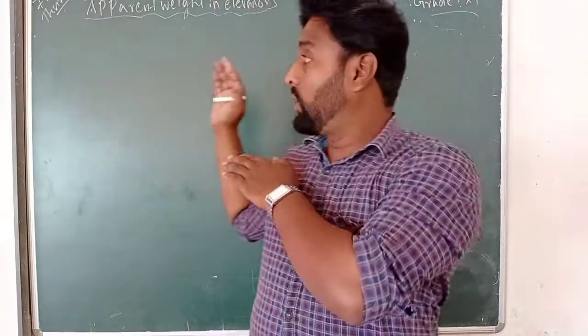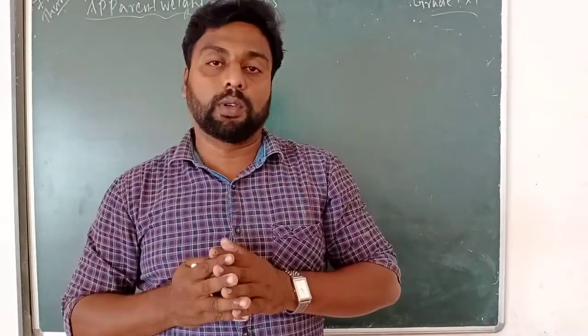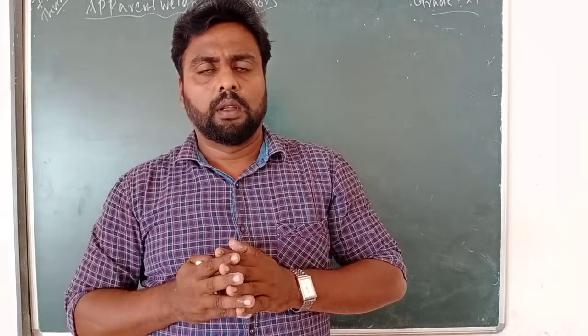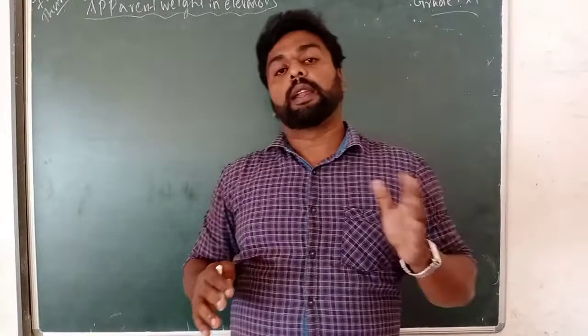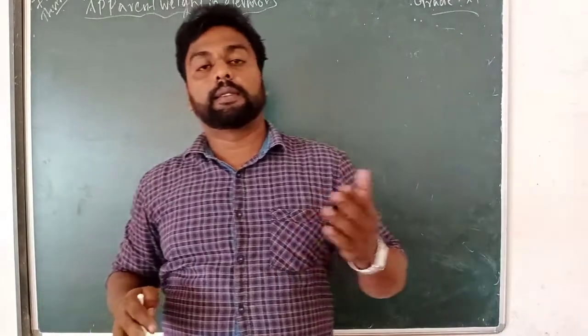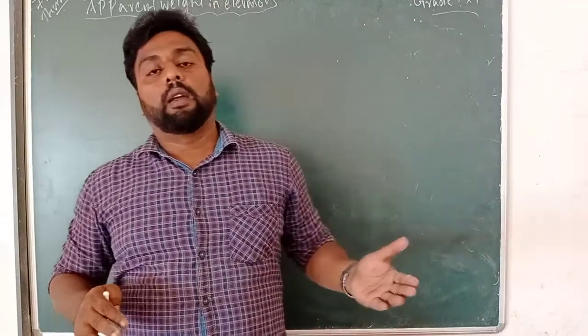So here we are going to compare the apparent weight and the actual weight. Because of this apparent weight, we feel a jerk movement when we stand inside the lift.